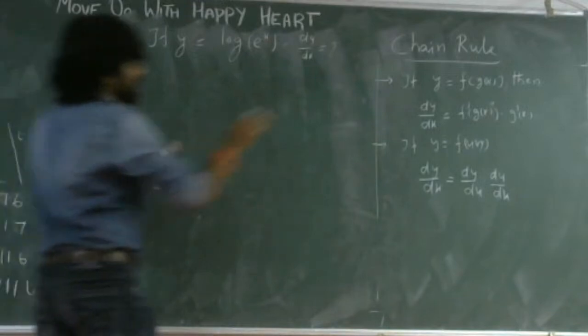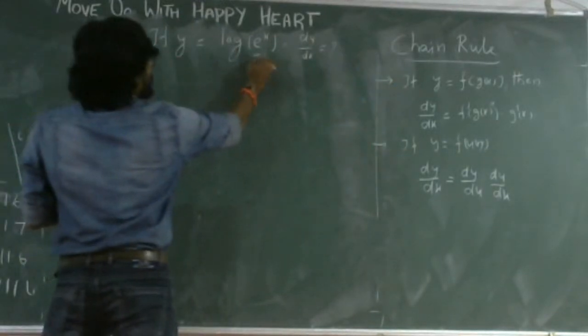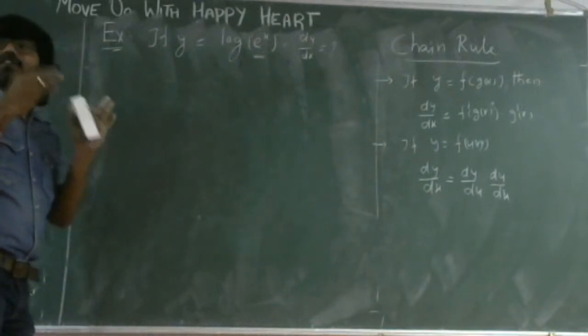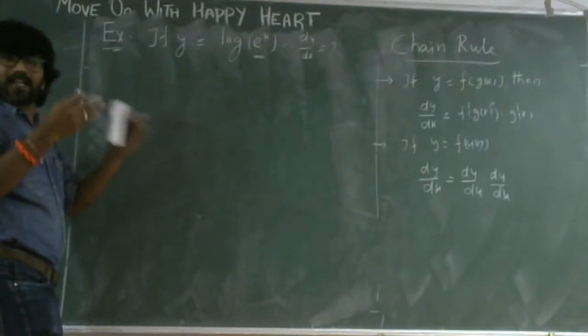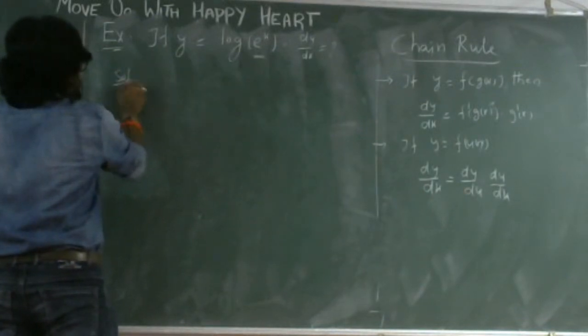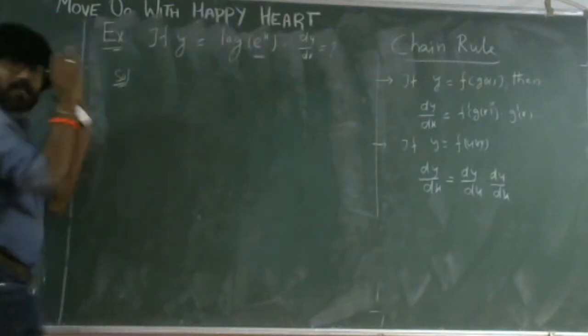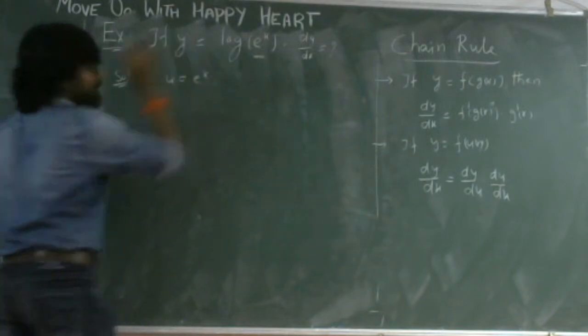Here, according to this, you can take e power x as u. You can do it directly also, or you can take the inside function as u. So u is equal to e power x.